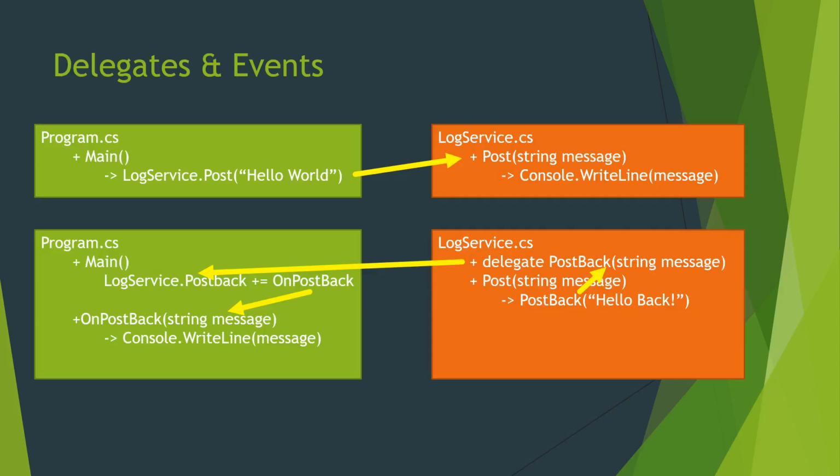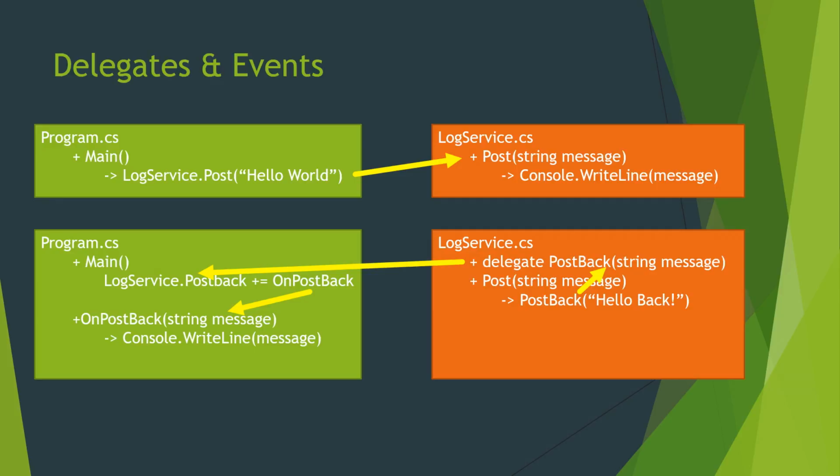The important thing to note here is the reversal of the dependency. Instead of calling the post function and assuming that the post function is going to call the console.writeLine, instead we're saying, hey, when you're done doing whatever you're going to do in that post function, I'm going to be listening in case you have anything to post back. And when you do post something back, I'm going to write to the console window.